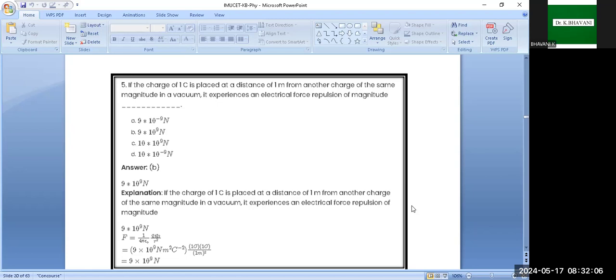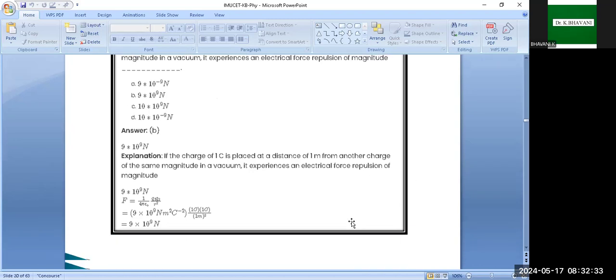See guys, here the answer is based only on this 9 and 10, and you have to be aware of the 10 power minus or plus to pick the right answer. The formula is force is equal to 1 by 4 pi epsilon naught Q1 Q2 divided by R square. So 1 coulomb and 1 meter. Substitute this, and we get the right answer: 9 into 10 power 9 Newton.